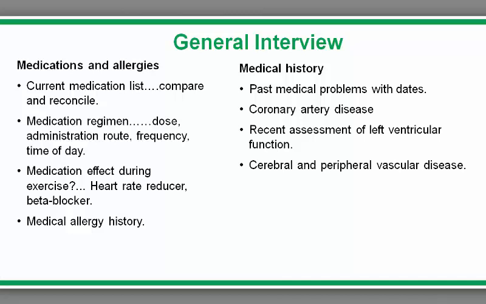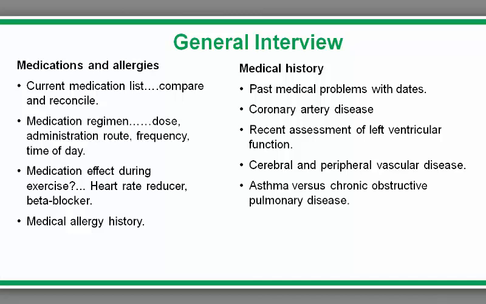Have there been any cerebral, brain, or peripheral vascular disease? Because with exercise there's a large redistribution of blood flow, and if there is some condition affecting the vasculature, that is an important point that the exercise physiologist should understand.